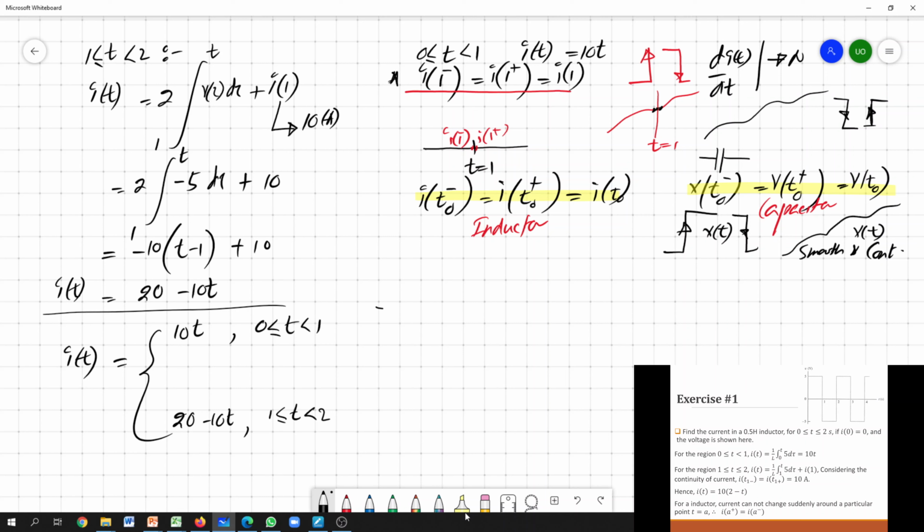Once you plot it here, between 0 and 1 the trend would be linear, so it's something like that. At t equals 1, once you substitute it here, the current is 10. Then at t equals 2, the current is 0. So definitely it should be like this.